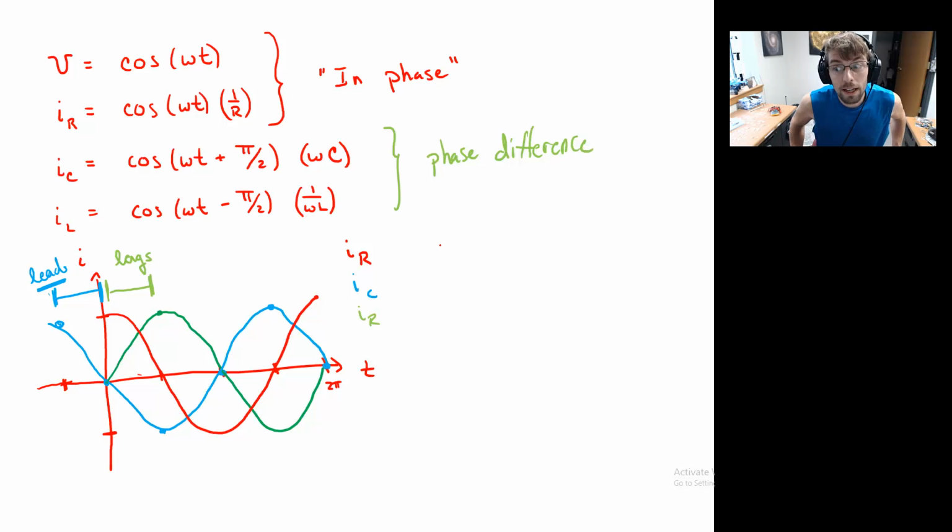The second thing I'm going to point out to you, very important, notice this scaling factor. For the resistor, it just deals with the value of the resistor.